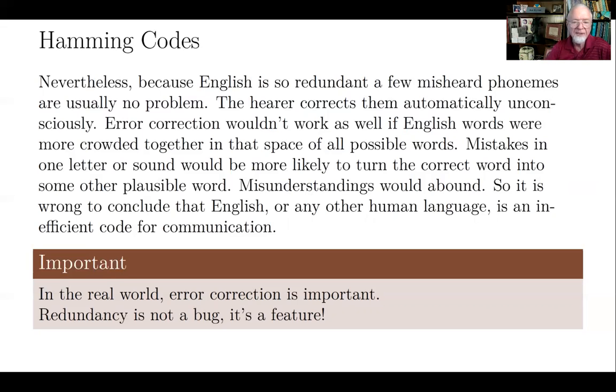Mistakes in one letter or sound would be more likely to turn the correct word into some other plausible word, and misunderstandings would abound. So although it is inefficient, in the real world error correction is important. Redundancy is not a bug, it's a feature.